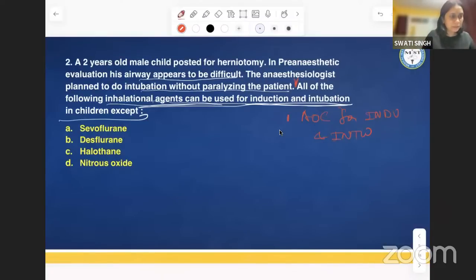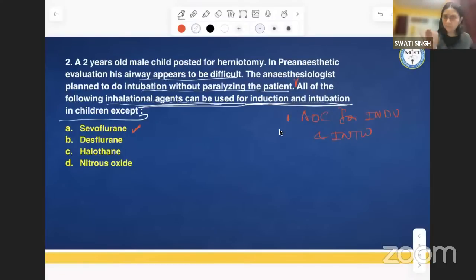Yes, Asif, please tell me. Inhalational anesthetic, agent of choice for induction and intubation. Yes, actually, the answer should be sevoflurane, if that is the question. But this is not the question. The question is, all of the following inhalational agents can be used for induction and intubation in children except.